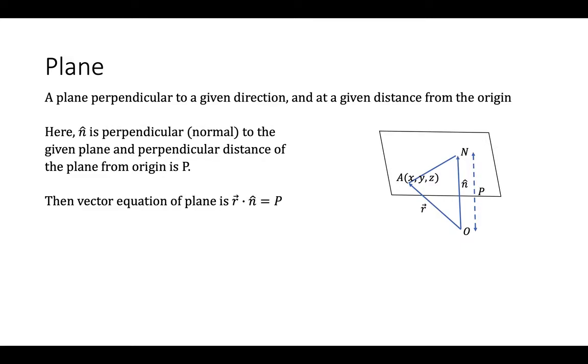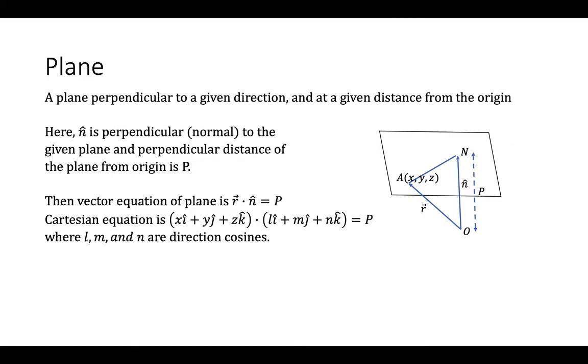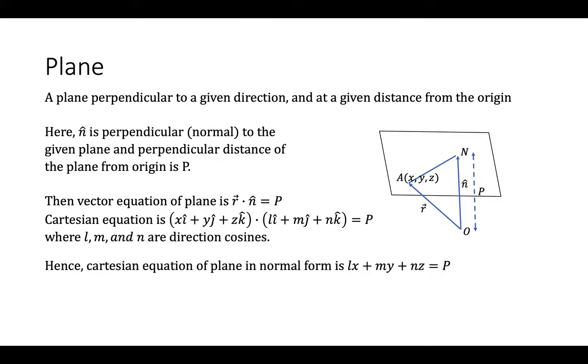Then the vector equation of the plane is vector r dot unit vector n equal to p, and the Cartesian equation is (xi plus yj plus zk) dot (li plus mj plus nk) equal to p, where l, m, n are direction cosines and point A has coordinates x, y, z. So the Cartesian equation of the plane in normal form is lx plus my plus nz equal to p.